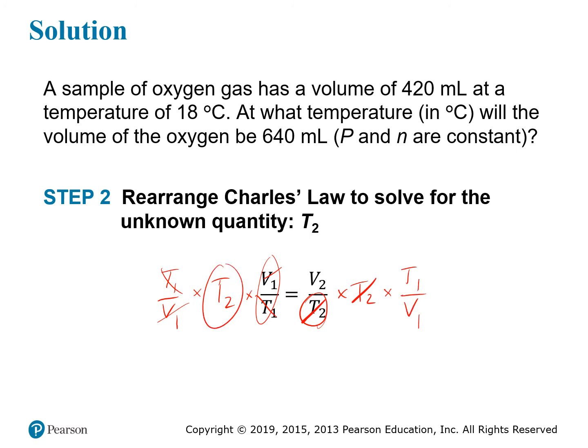And so finally T2 will be on its own on the left-hand side, and this is going to equal V2 on the right times T1 divided by V1. And again, we can group these together so that the volumes are together, and so this will be T1 times the ratio of V2 to V1. And this again helps you to remember that you want to cancel your volume units, that your volumes really need to be in the same units.